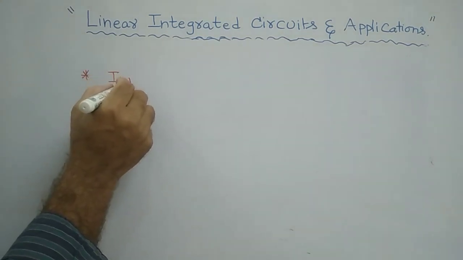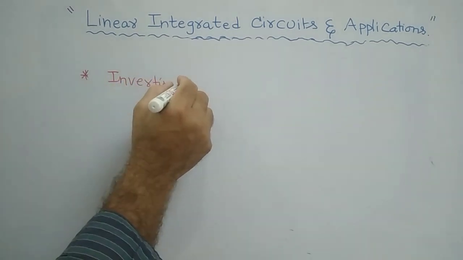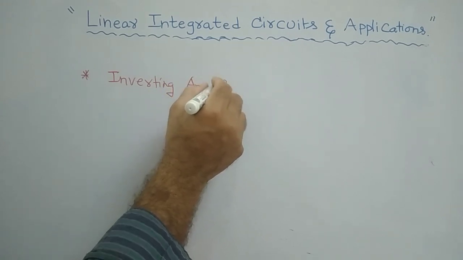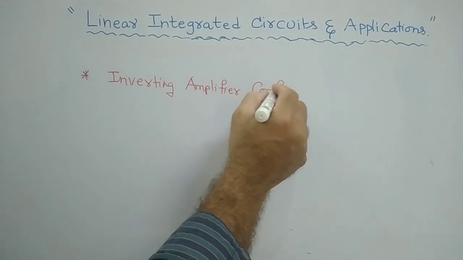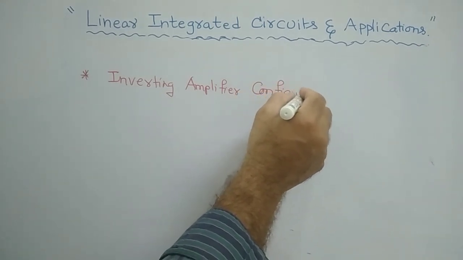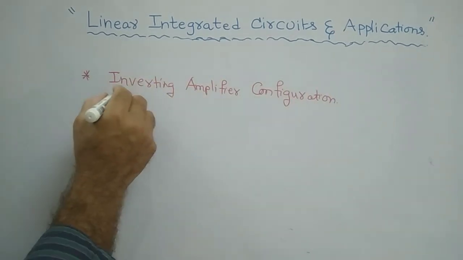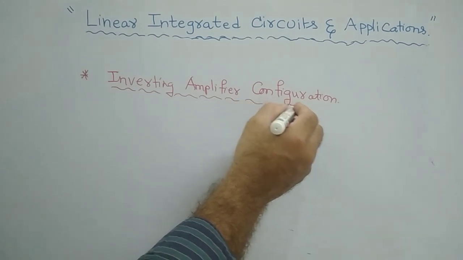Inverting amplifier, in short you can say inverting amplifier configuration. So in the inverting configuration the op amp looks like this.